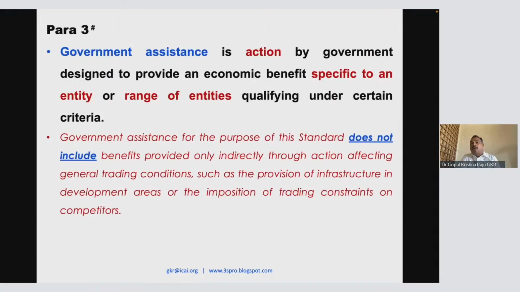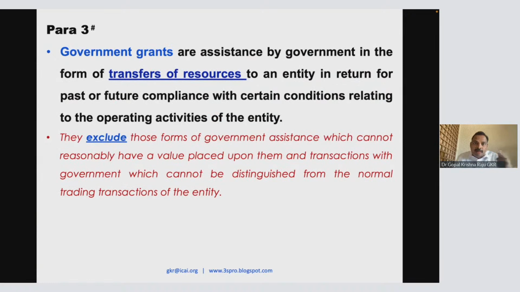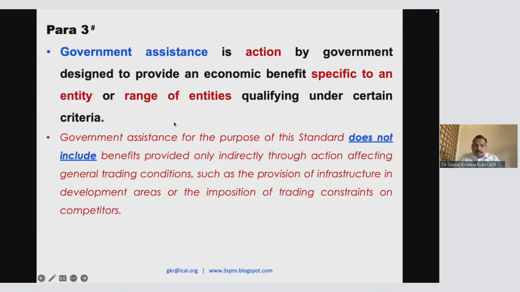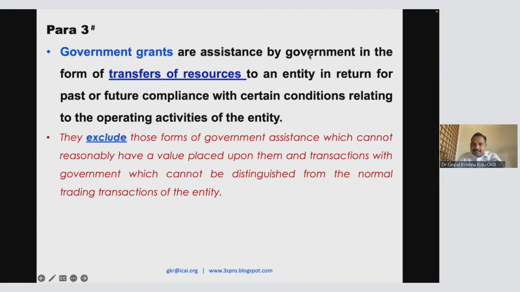Now come to government assistance and government grants. Please look at this. Government assistance is action by government designed to provide an economic benefit specific to an entity or range of entities qualifying under certain criteria. Then what is a grant? A grant is assistance by government.